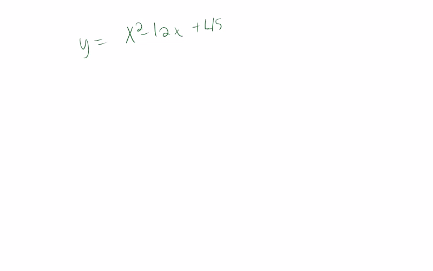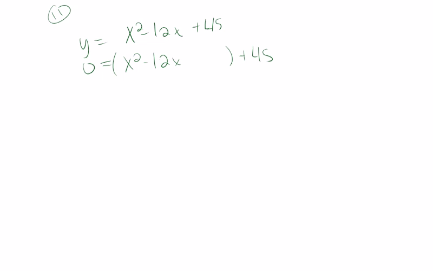No. So, oh yes, there are 15 and 3. Okay, so I can do negative, oh, but wait, we need negative 12, and those would both have to be negative. So we cannot factor this. So let's use completing the square. So x squared minus 12x plus 45 equals 0. And this is number 11 on your homework.